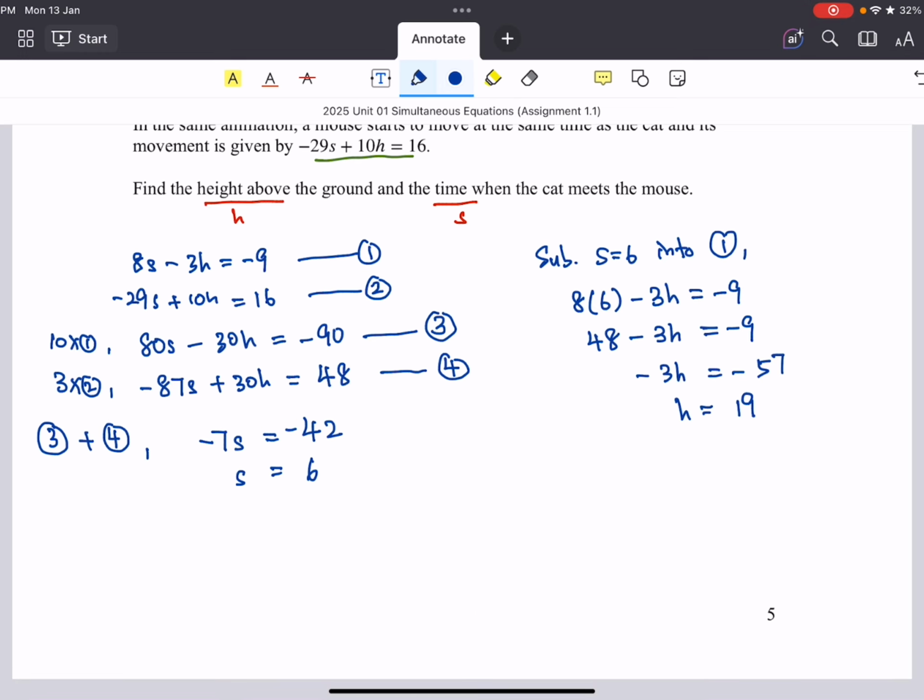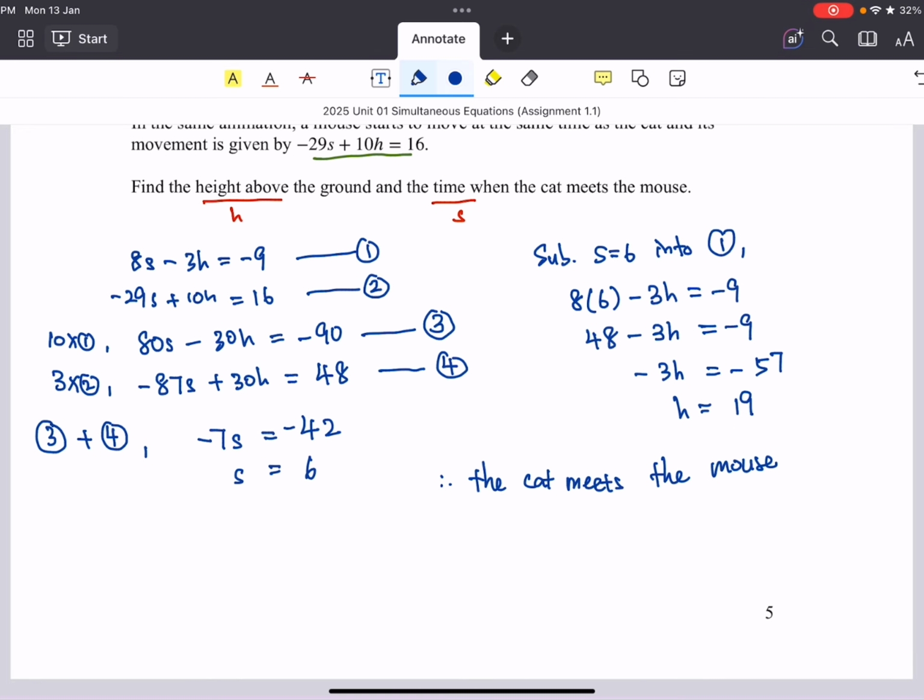So proper context and statement: therefore, the cat meets the mouse 6 seconds after it starts moving, at 19 meters above the ground.